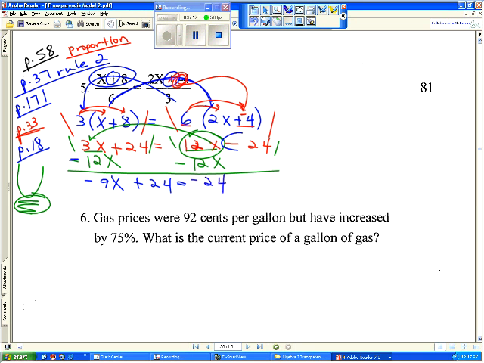So we did all we could do to simplify by distributing. We got the variable we were isolating on one side of the equal sign, remembering to change the sign when you cross over. Now it is time to undo. We've got multiplication and addition. Which one do you undo first? Addition, because you reverse the order of operations. So we're going to subtract 24.